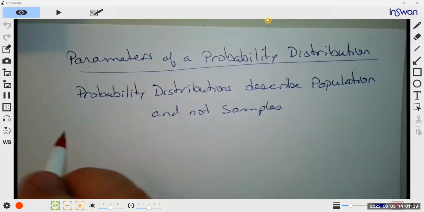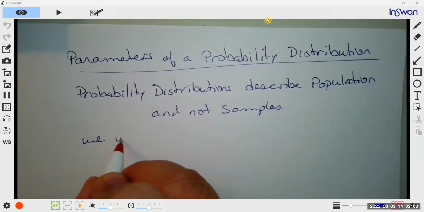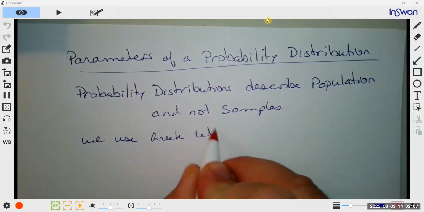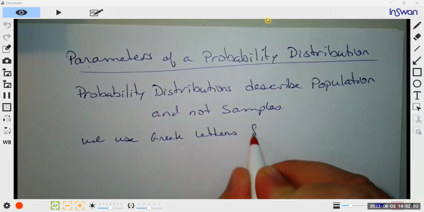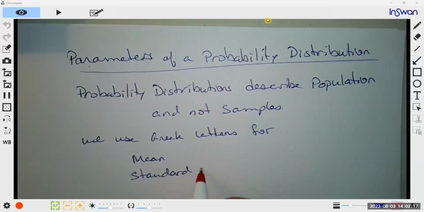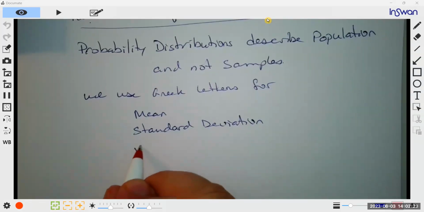So what does that mean? We have to use Greek letters for the mean, standard deviation, and variance.